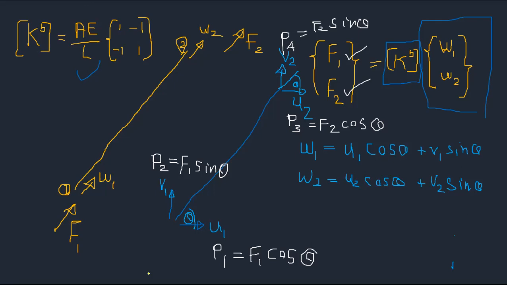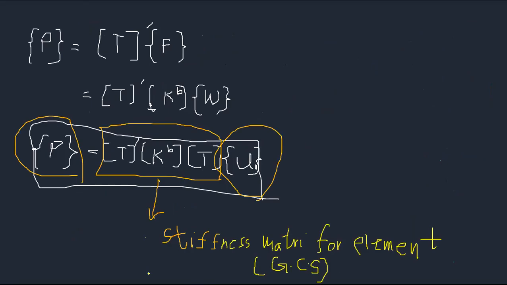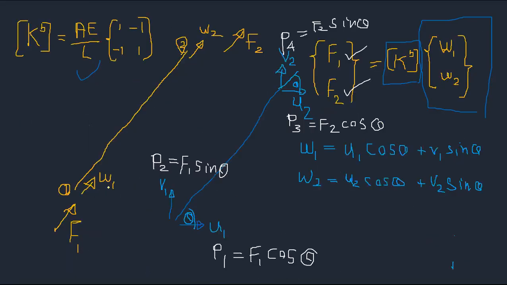So in that case, you need to consider that angle in the stiffness matrix. What you're going to do is define the global coordinate system xy. That is the same for any element. U1, V1: U is the x-axis, V is the y-axis, P1 is the force in the x direction, P2 is the force in the y direction at this node.